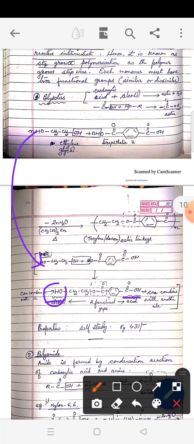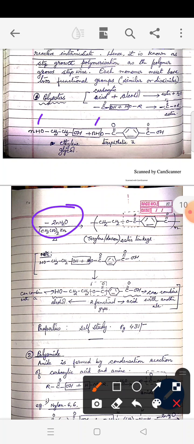Now since this end contains OH, it is capable of reacting with another acid group. And since this end contains an acid group, it is capable of reacting with another alcohol. So this way the carbon chain length can keep on increasing, and you may notice here we have taken n molecules of alcohol and n molecules of acid, but the water lost out here is twice n.